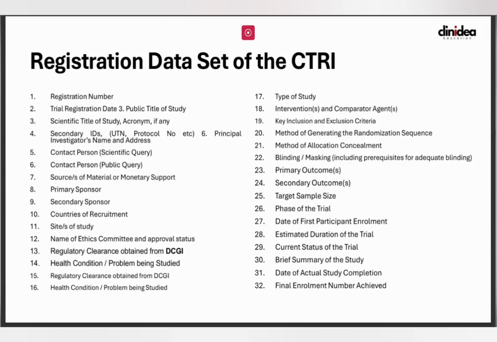Then method of allocation concealment. So this explains how treatment allocation is hidden from the investigator to prevent selection bias. For example, in many of the trials, we have seen that the investigator may have someone from the family group. So of course, he or she will think that my family member should get the treatment and not the placebo.